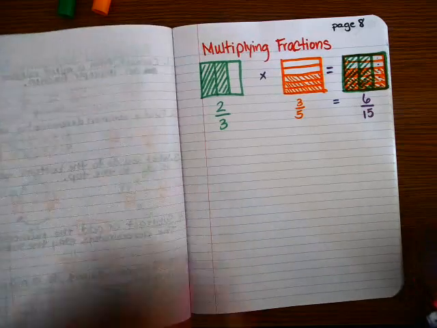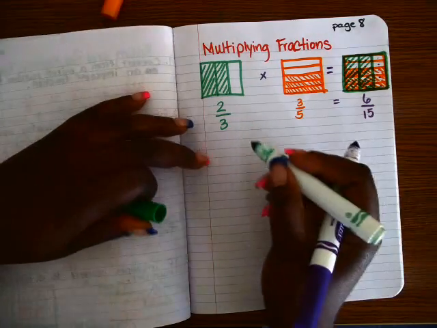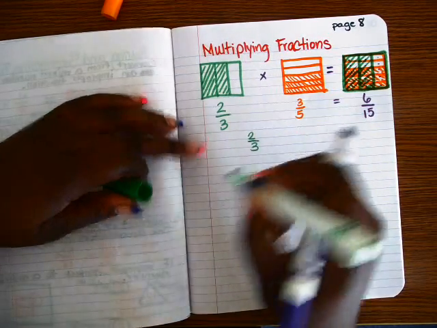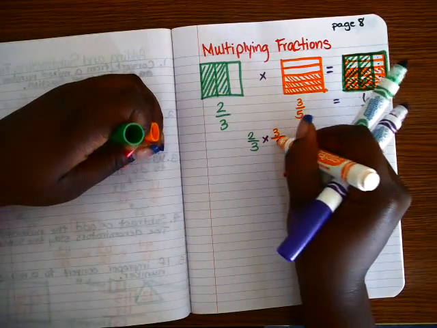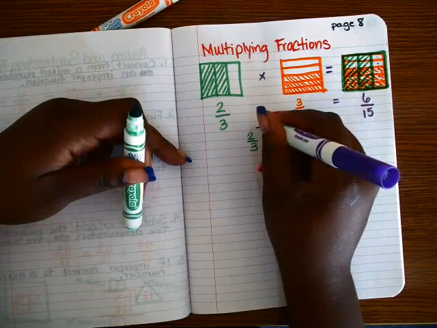total squares. Now, if I just wanted to look at the algorithm, I would do 2/3 times 3/5. And there's a shortcut you can do. You can just multiply across.